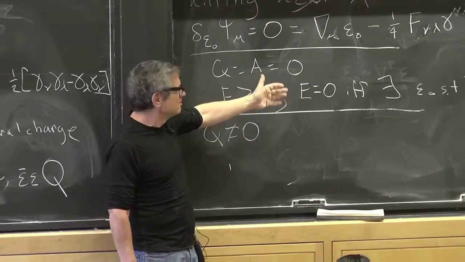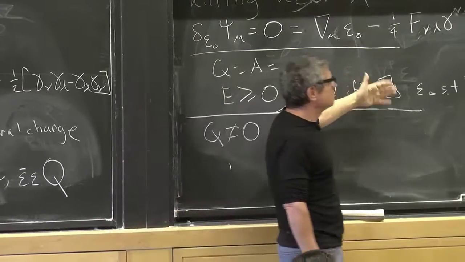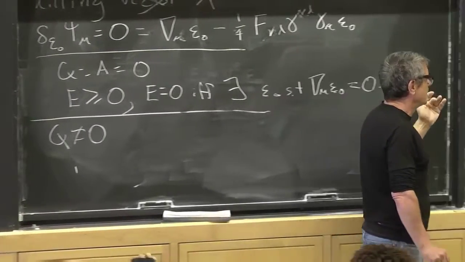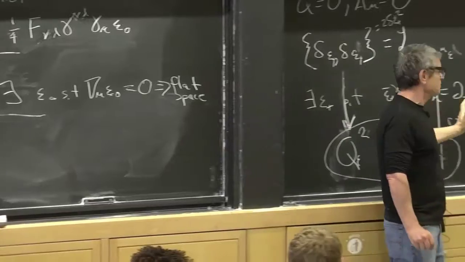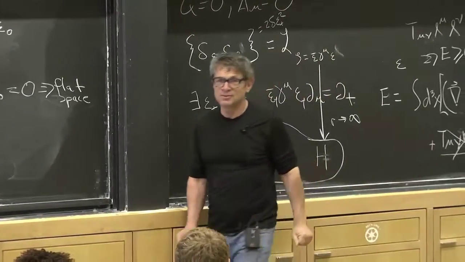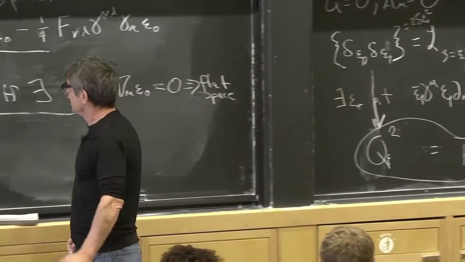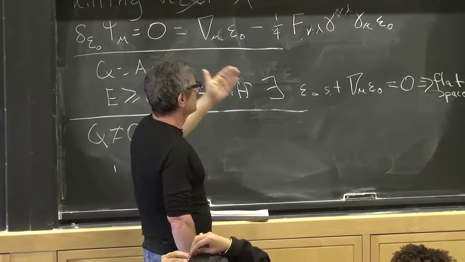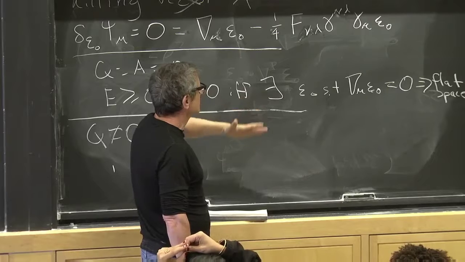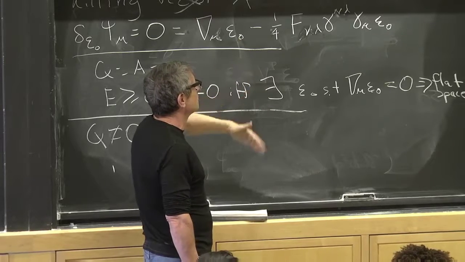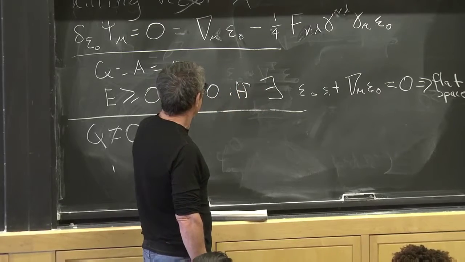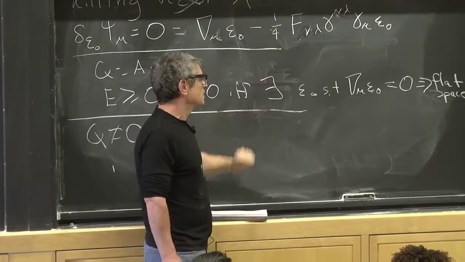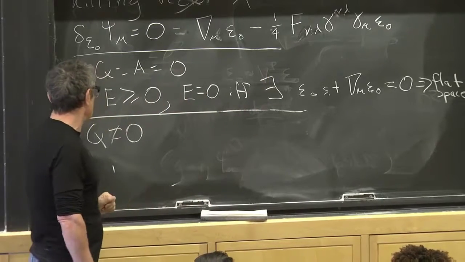But now a lot of things called Bogomolny bounds are proven using supersymmetry. So the statement is that something has to be above some value, it's bounded from below by something, and something special happens when the bound gets saturated.